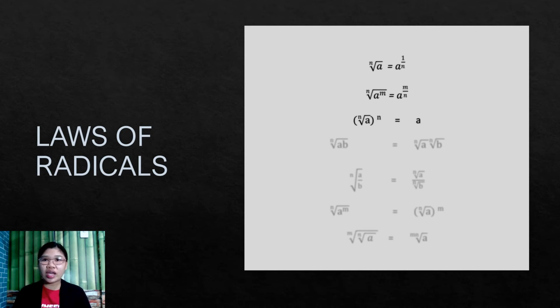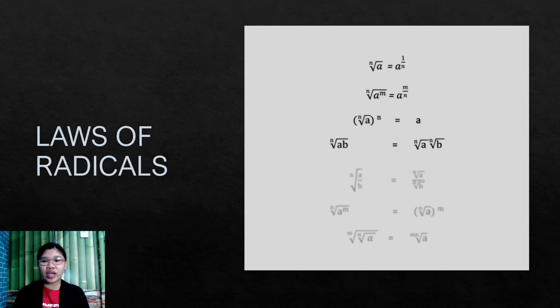And then if a is raised to 1 over n, and then you multiply by n, that is equal to n over n, wherein n over n is equal to 1. Any number raised to 1 will remain the same, always equal to the given itself. So a raised to 1 is equal to a. So that is one basic example of the rules of exponents.